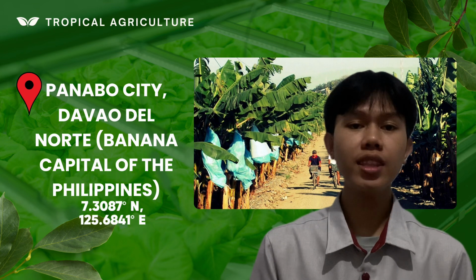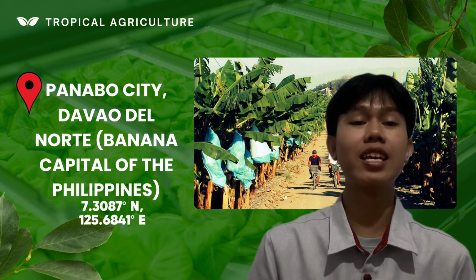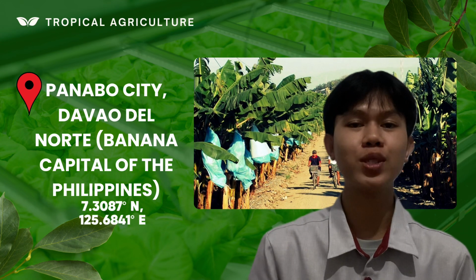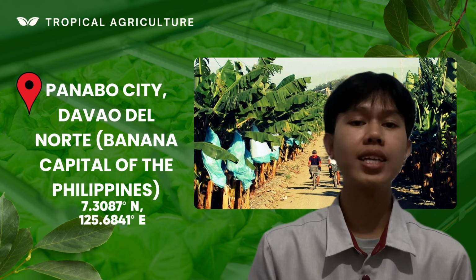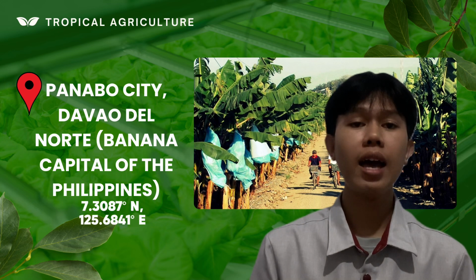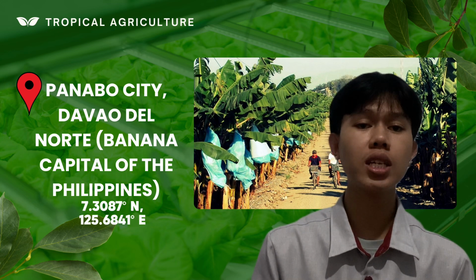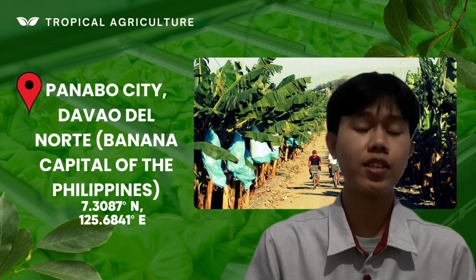The Cavendish banana is the most grown variety in the Philippines, and the Davao region is the top banana producer. Also, the volume of bananas produced fluctuates over time, and the area of land used for banana cultivation has been increasing over time.